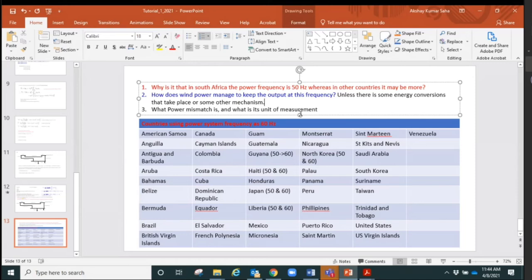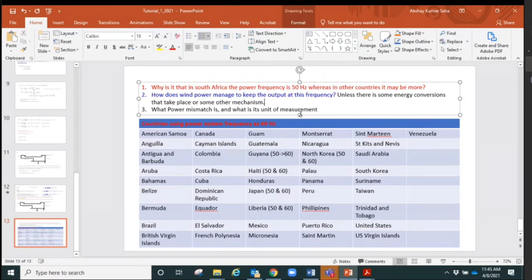But for a doubly fed induction generator in wind generation, the rotor is connected to the grid as well, but in between the rotor and the grid there is a converter. So by controlling that converter, we also control the frequency. So the inertial effect and the electronic converter control the frequency of power generation in wind turbine cases.